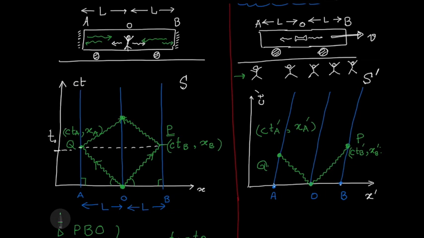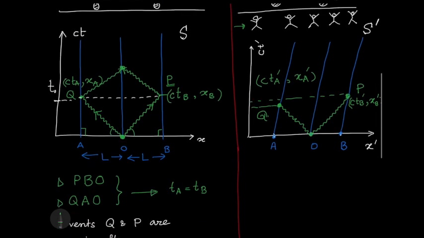Okay. Now, because of the slant in the line, it is quite clear that this and this are not happening at the same time. So T A prime is not equal to T B prime.